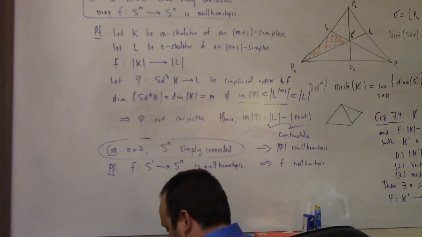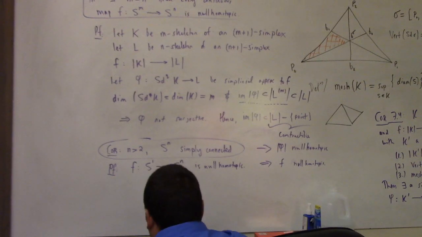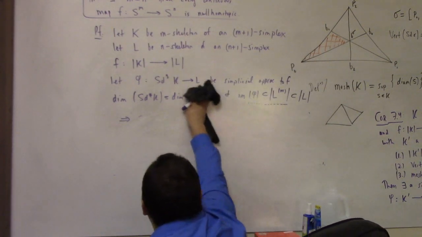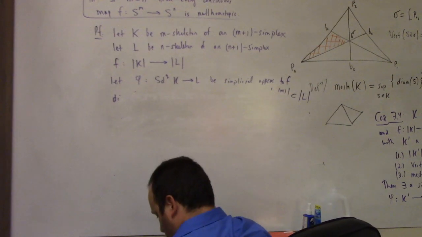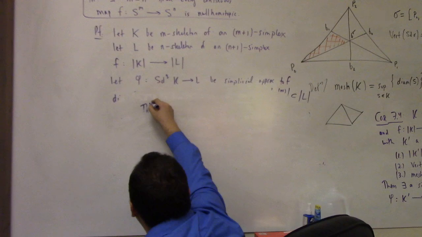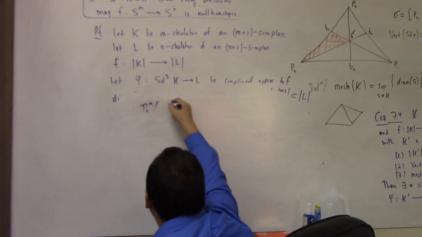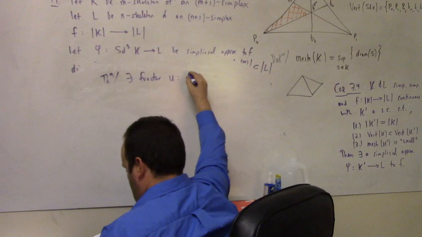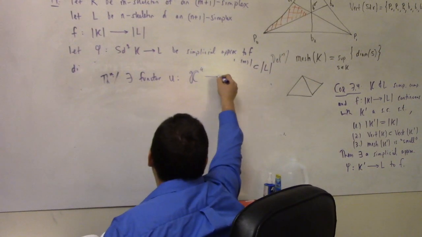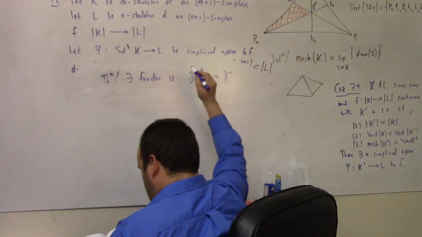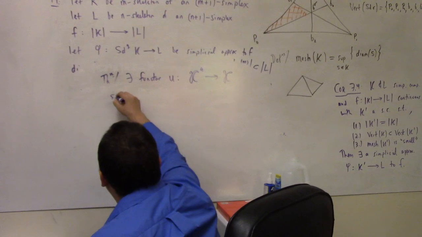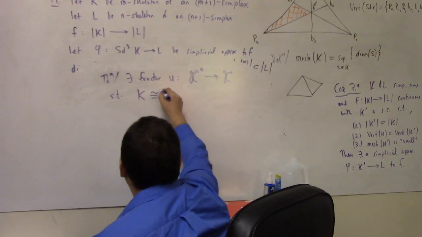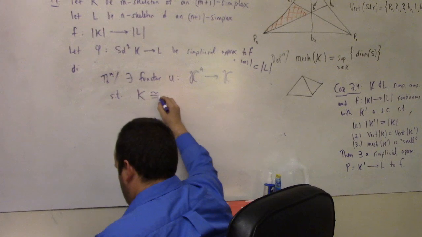Theorem. There exists a functor U from K_A to K such that K is isomorphic to U of K_A for all K in the objects, and L is isomorphic to U of L_A for every L in the objects of K_A. What manner of morphism am I talking about here?